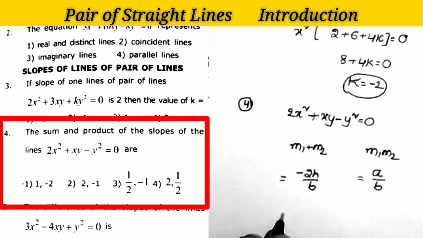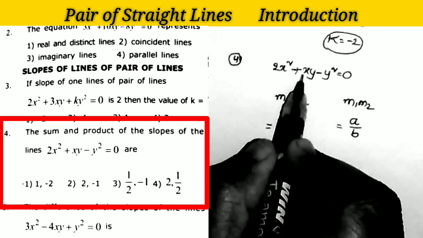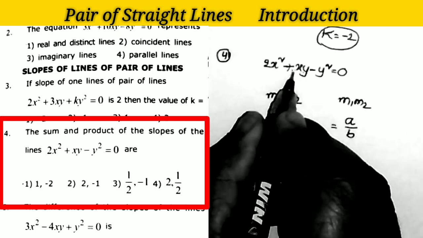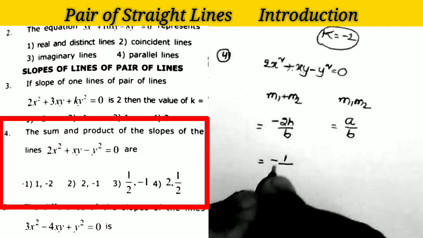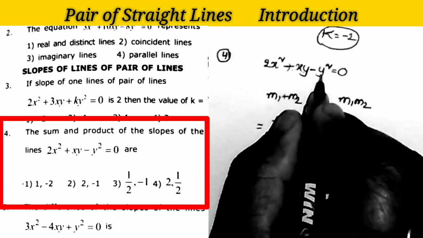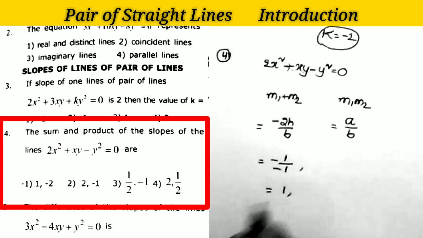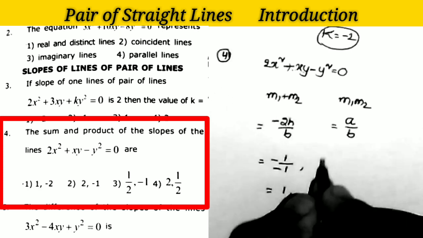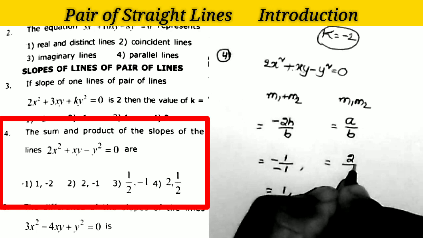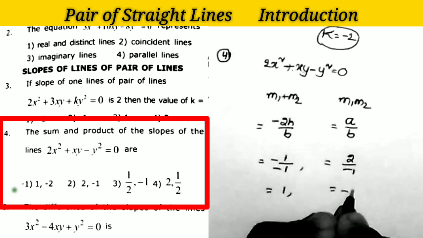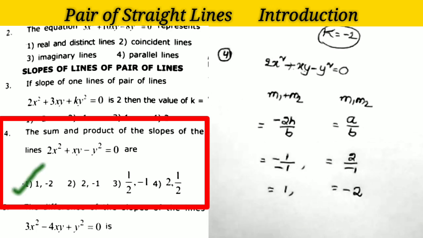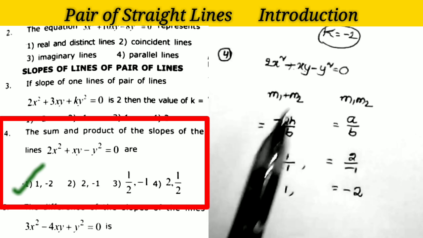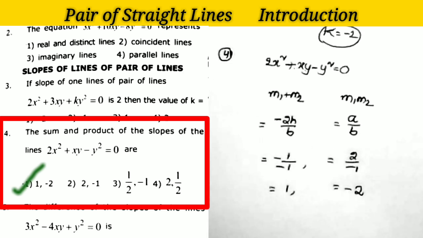Okay, now replacing the values. Minus, what is the 2h value? 2h is equal to 1 here, the xy coefficient, 1 by b value minus 1, that is b is equal to minus 1 here. So the first answer is equal to 1. Second answer, a by b, that is 2 by minus 1, that is equal to minus 2. So the values are 1 comma minus 2 and that is the first option. Okay, just simply taking the formulas and replacing the values, that's all.